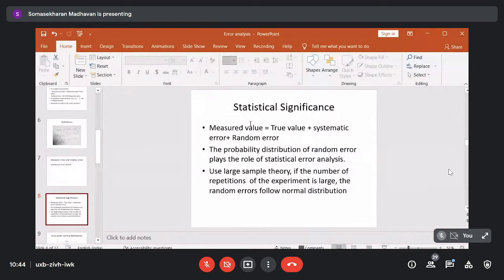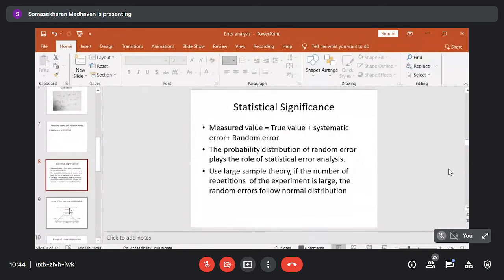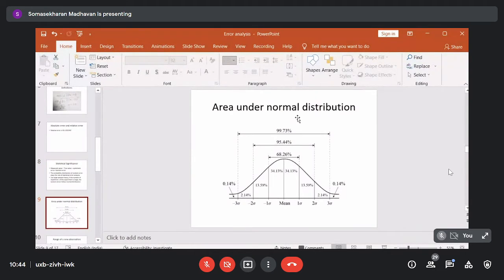If the number of repetitions of the experiment is large, the random errors can be approximated by the normal distribution. So usually we use the properties of the normal distribution in error analysis. And let us analyze the properties of the normal distribution.